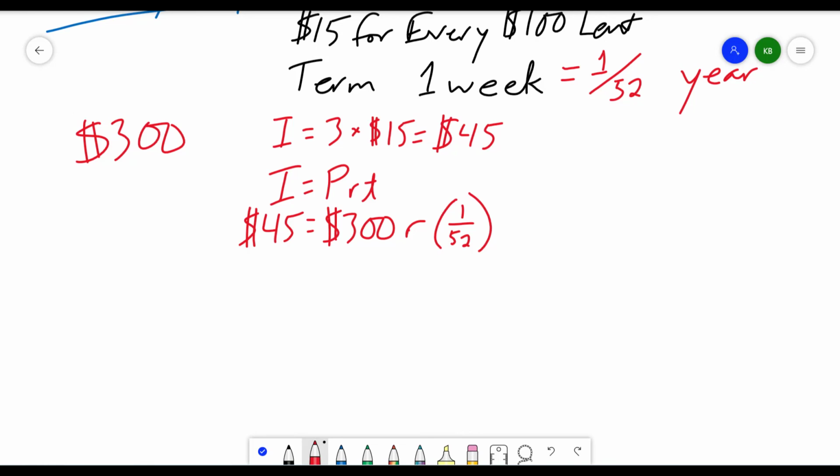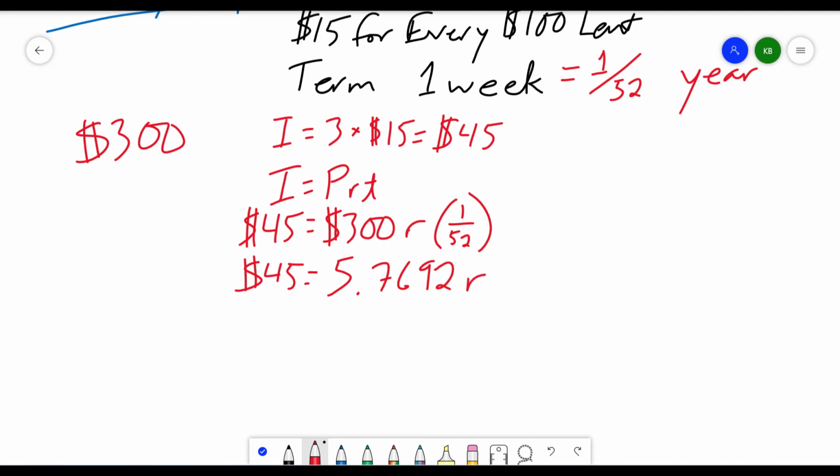So if I do that, I need to combine like terms. So I'll have $45 equals, and I'll do 300 times 1/52, which will equal 5.7692. We'll stop there.